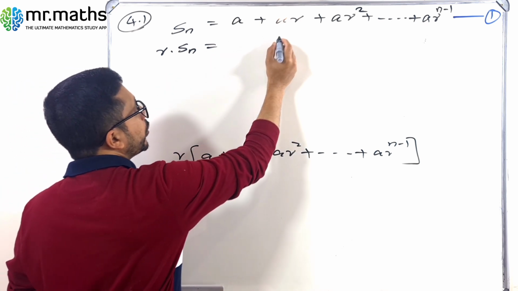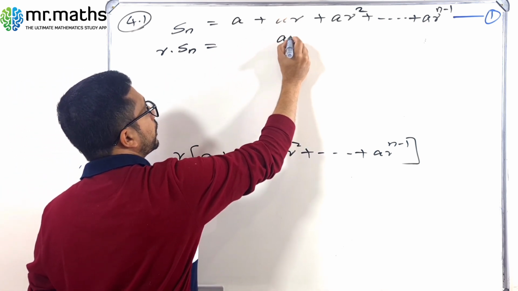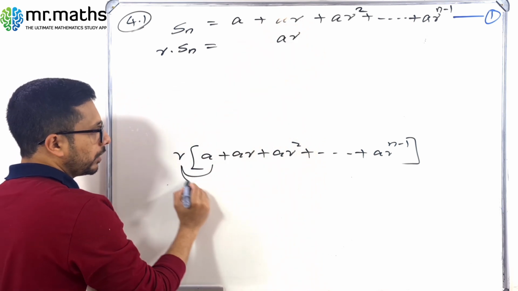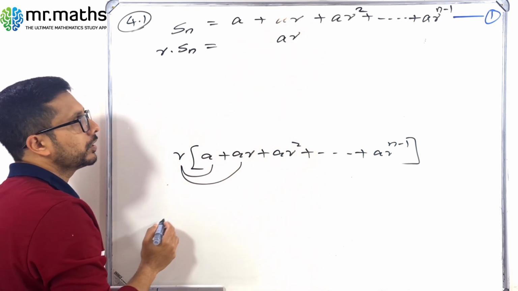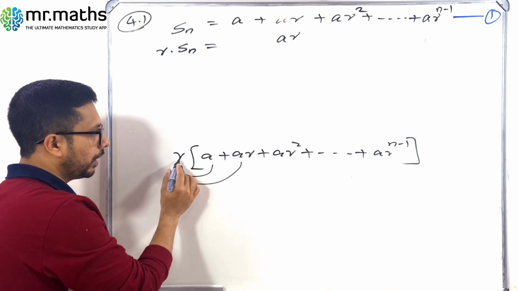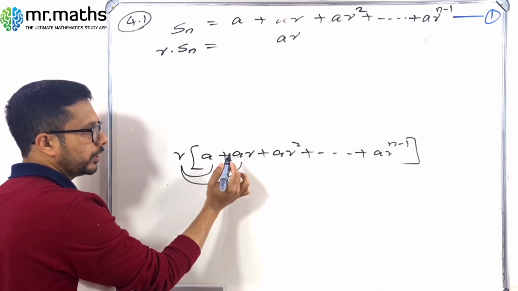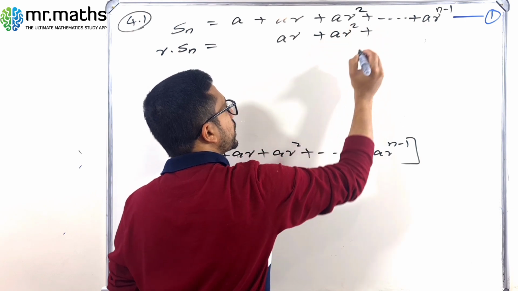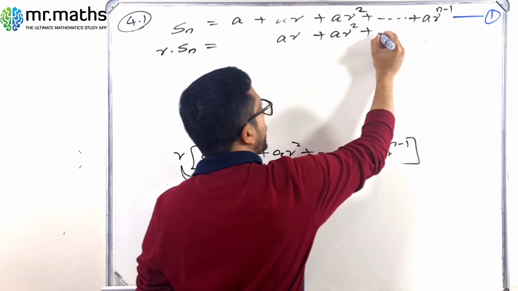I'm going to write that under the ar of the first line, because these are the same term. Then r times ar is ar squared, since r times r is r squared, plus etc.